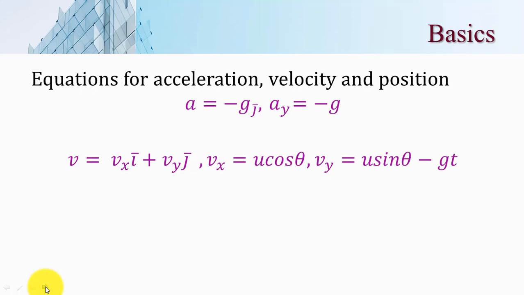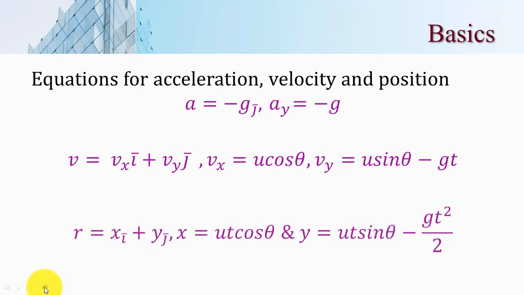Hence the magnitude of total velocity will be equal to under root of vx square plus vy square, and in vector form it will be written as vx i plus vy j. Similarly, we have got the position as r equal to x i bar plus y j bar, where x is ut cos theta and y is ut sin theta minus gt square by 2. To find the velocity at some instant or the position at some instant, these equations will be helpful.